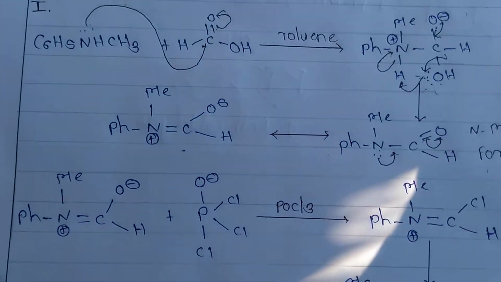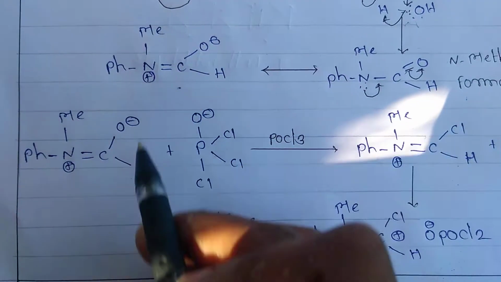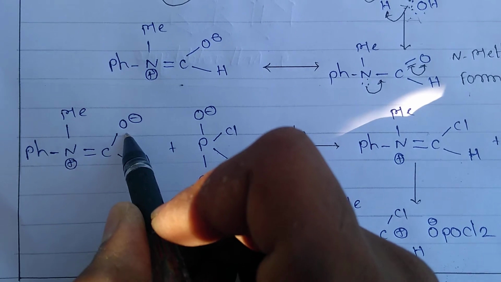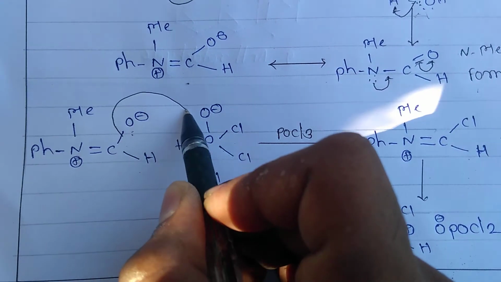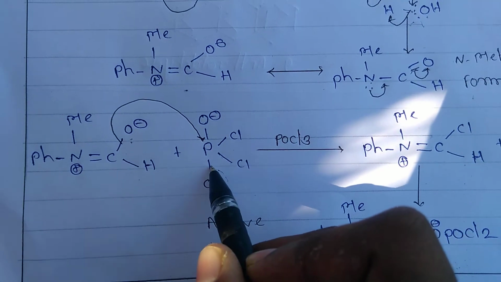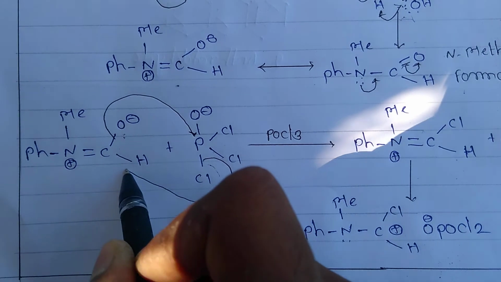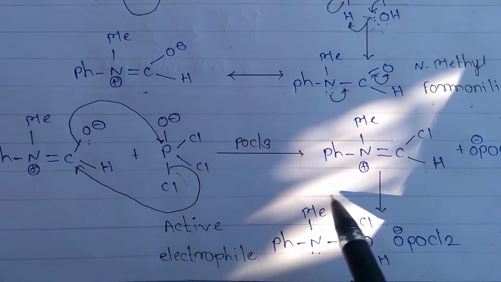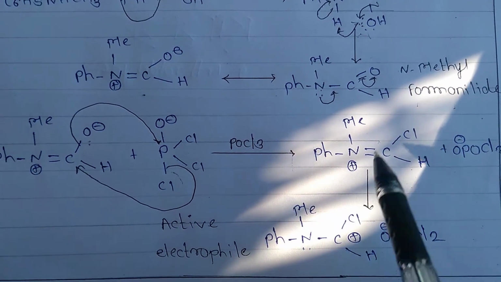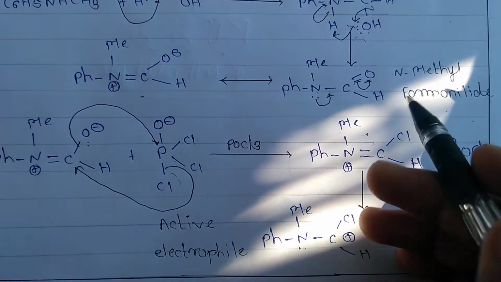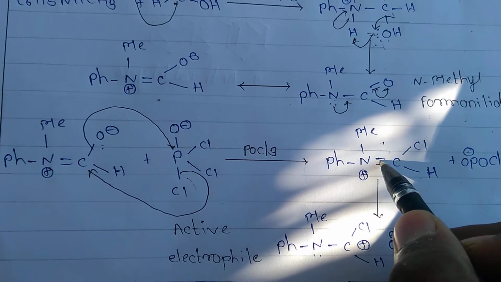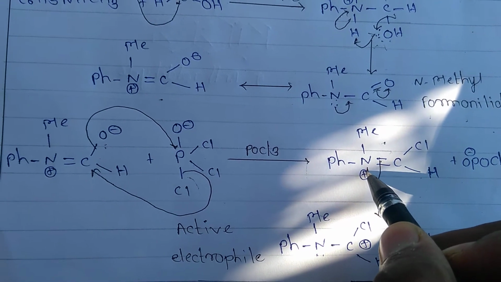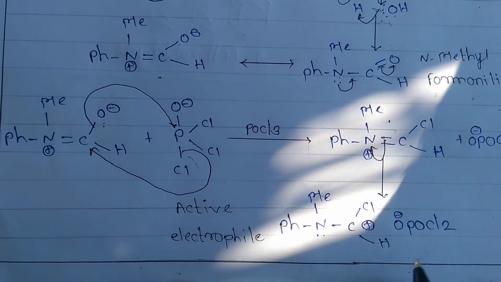After that, this is our POCl3. It takes O minus like this, and Cl is rearranged like this here. So the formation of this intermediate takes place, and here carbocation formation takes place.